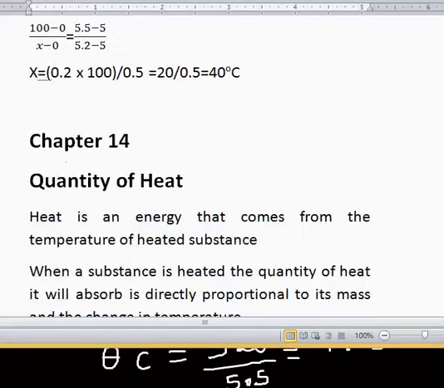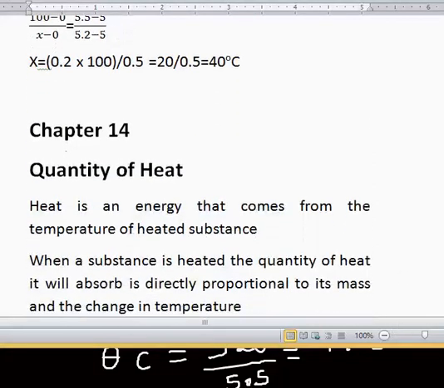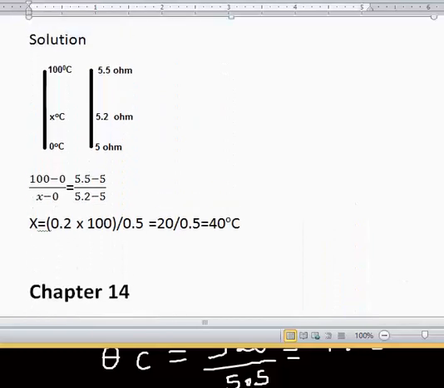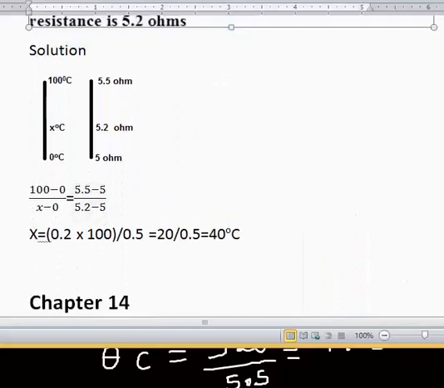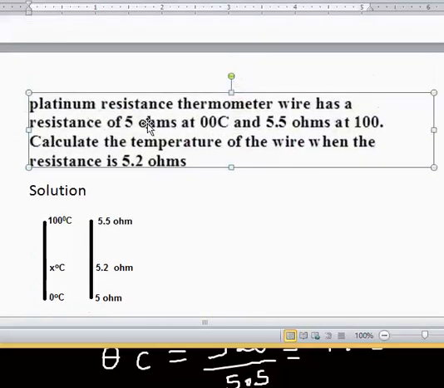All right, I hope that is well understood. Did I make any mistake? Oh, I really made a mistake. My lower fixed point is not 0 of the resistance. The lower fixed point is 5, upper fixed point is 5.5.